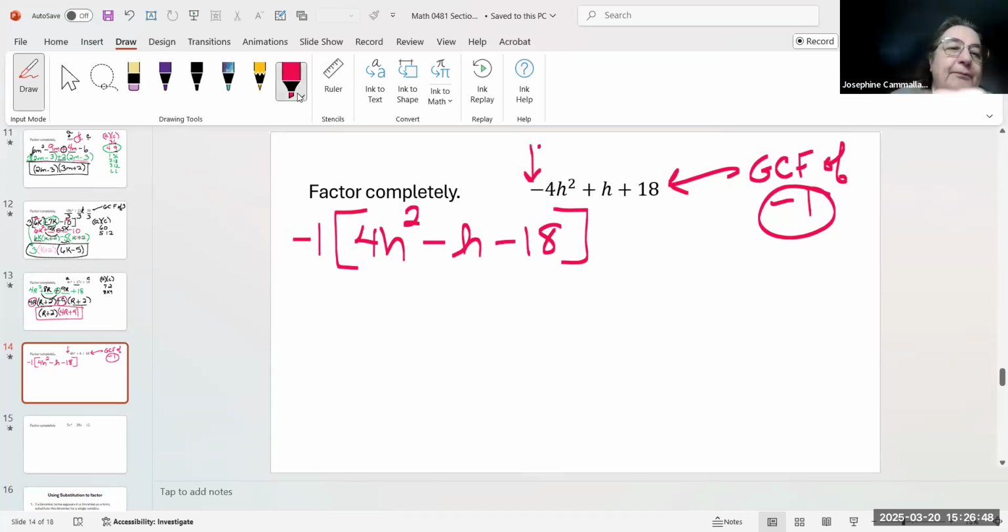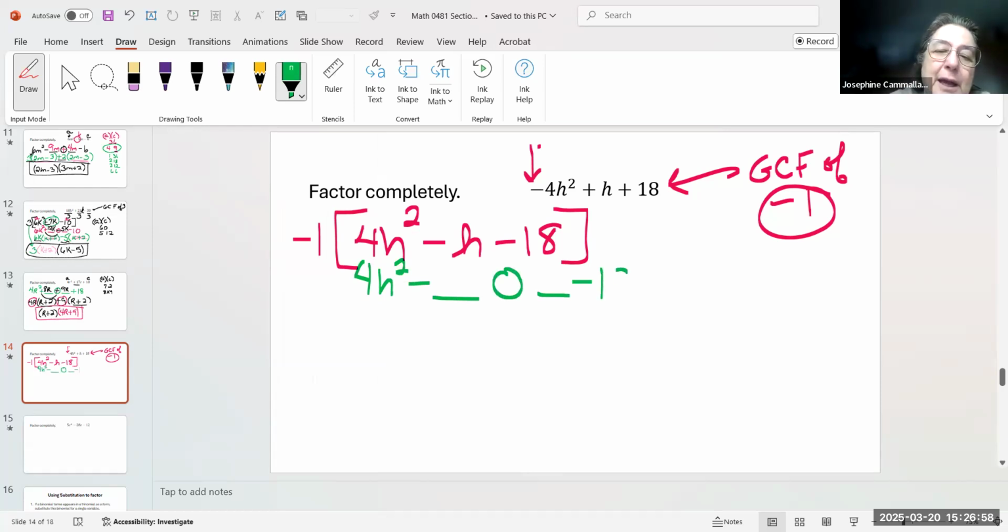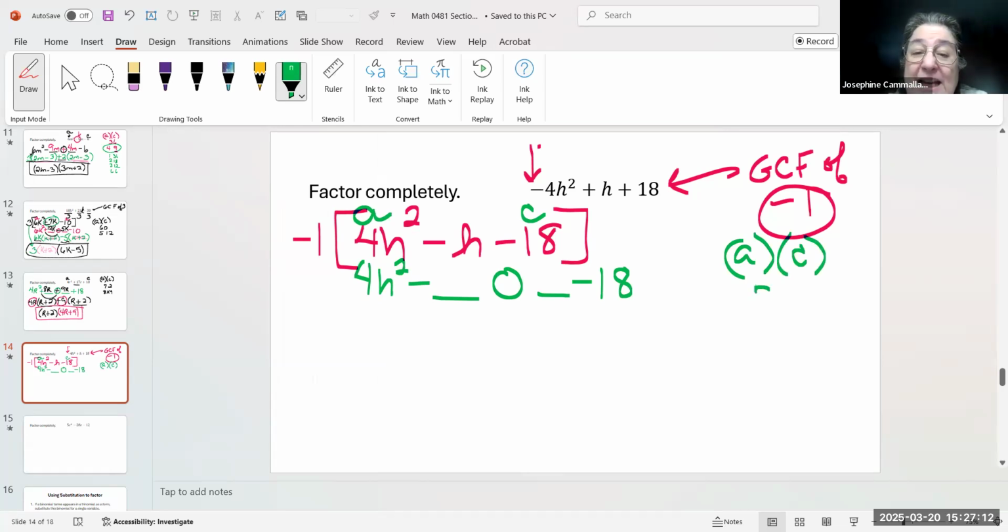So therefore, we have 4h squared minus blank, circle blank, minus 18. The 4 is my A, and the 18 is my C. So A times C is going to give me, again, 72. Now this time, remember, this has got to be a plus.